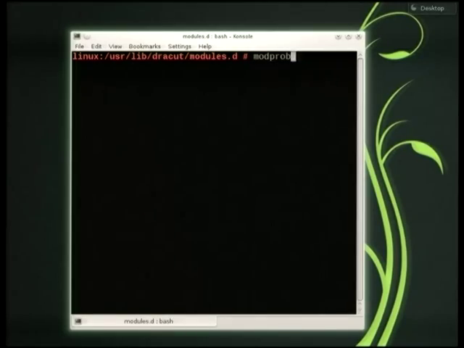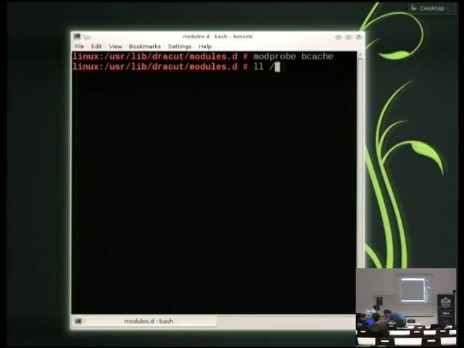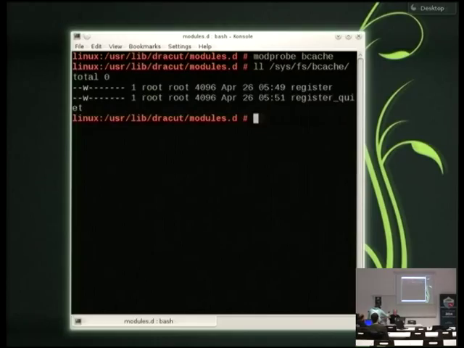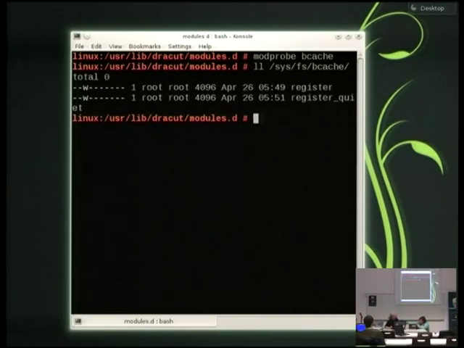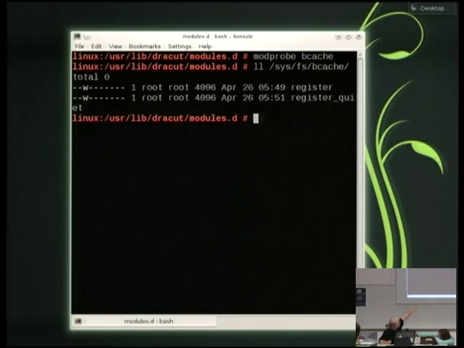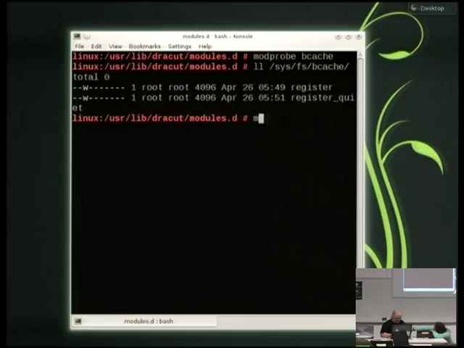First thing, whenever you mess with Bcache, is load the module. If you do that, now I'm on the safe side. Okay, first thing you do then is you get your sysfs files directory, which has the register file, which is the heart of setting up Bcache.